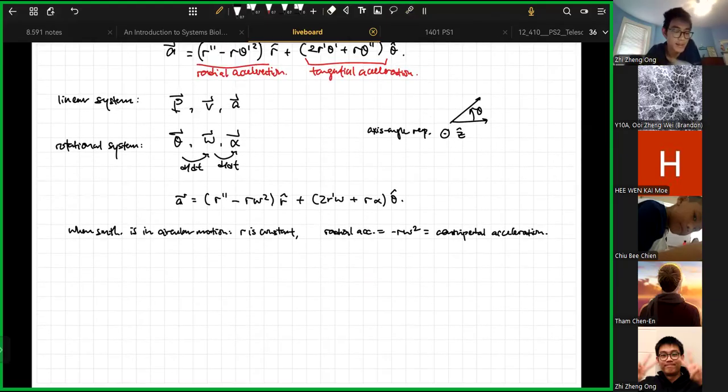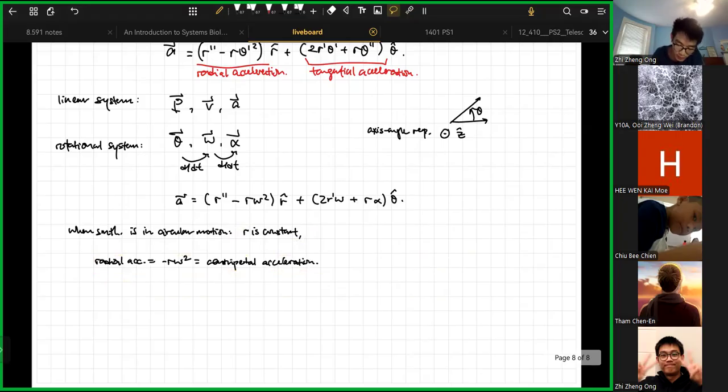My point is that it's a centripetal acceleration, and it's not zero, even if the time derivative... So in constant motion, let me just write the full formula. In circular motion, r is constant and omega is constant.